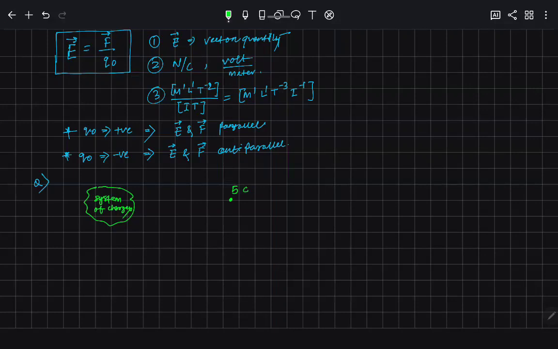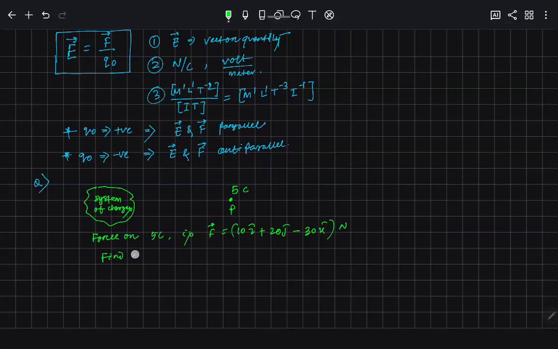They are saying the force on the 5 coulomb charge is 10 i cap plus 20 j cap minus 30 k cap.